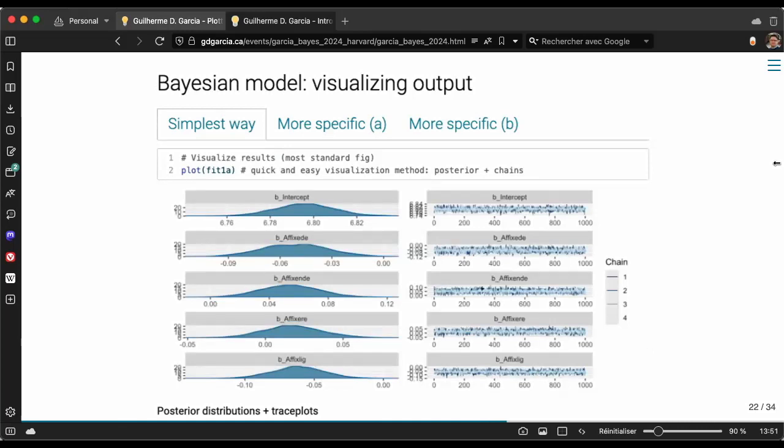If it's all on top of each other, it's fine. Yeah, or caterpillar plots. So the model converges well. At the end of the 1,000 sampling, all of the chains are together, clustered, etc.